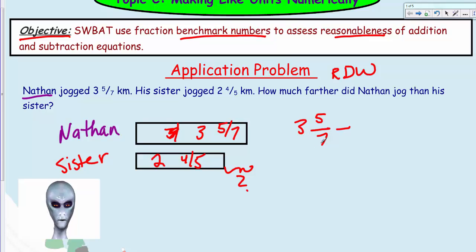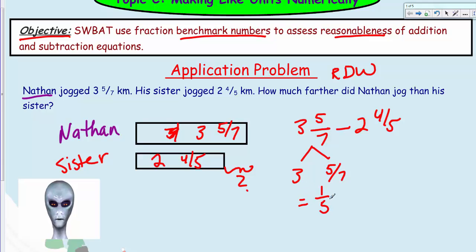So 3 5/7 subtracting 2 4/5. And of course we can break this one apart. We've done this before. Method 1: we could take the 4/5 away from that 3 wholes right here. That's going to leave us with just 1/5, because there's 5/5 in 1 whole.